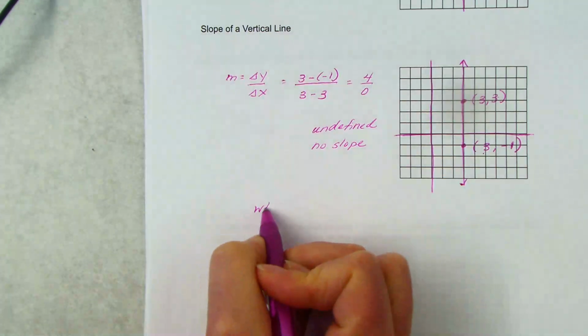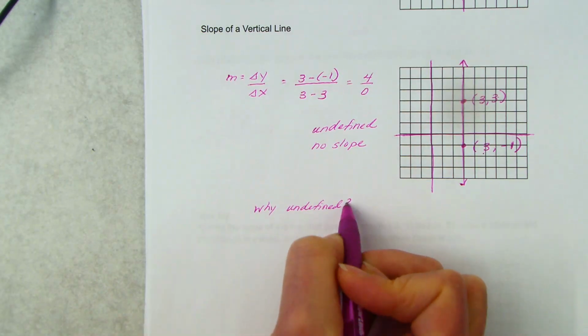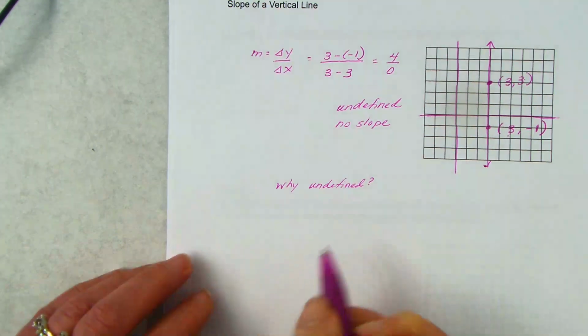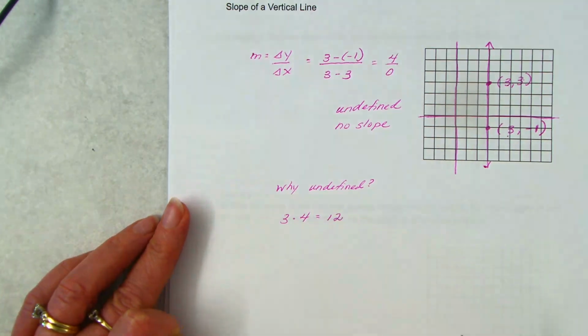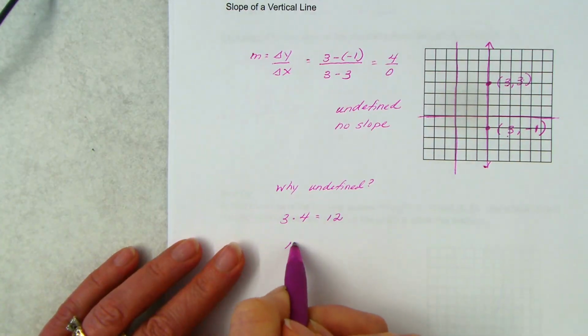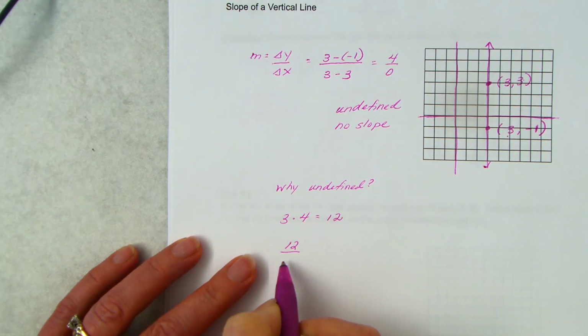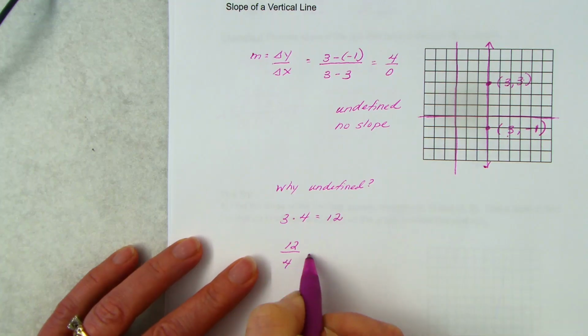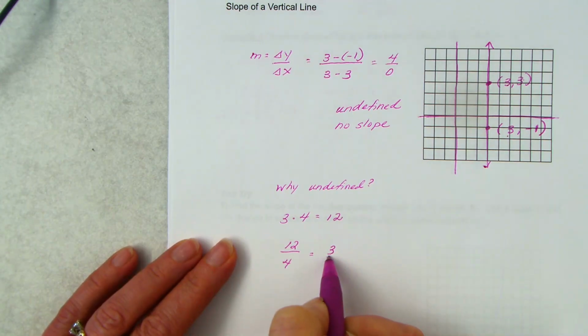And I'll show you a little why it's undefined. It's easiest to show with an example. So say you have just any math problem like 3 times 4 equals 12. Then the inverse of that is to say that I can take the product, and I can divide it by either one of those factors and get the other factor, right?